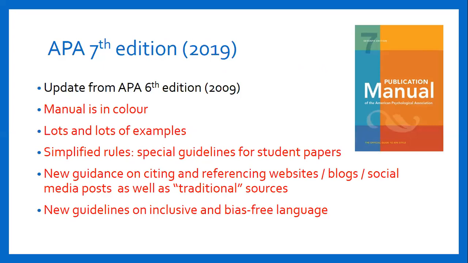It has lots and lots and lots of examples of various kinds for every kind of material that you might use in academic writing. Rules have been simplified somewhat and streamlined. In particular, there are special guidelines for student papers. There is new guidance on citing and referencing websites, blogs, social media. There are new guidelines also on the use of inclusive and bias-free language.